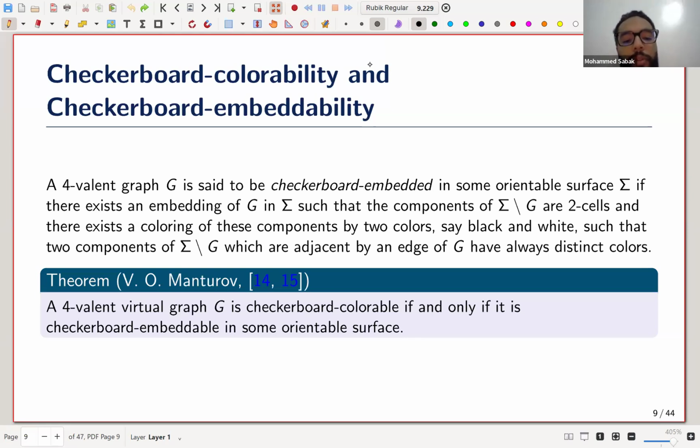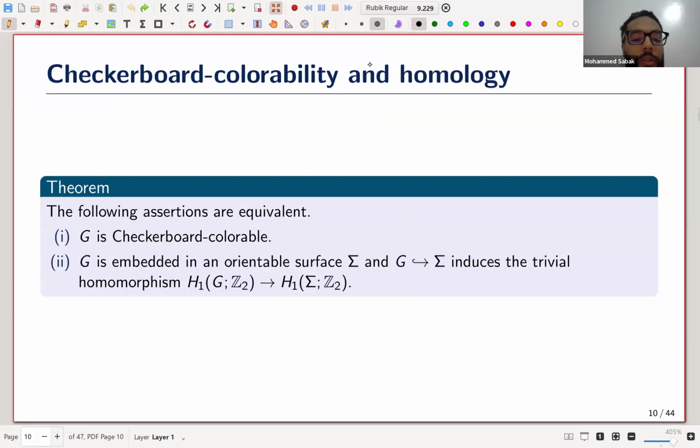Manturov showed that a graph is checkerboard colorable if and only if it is checkerboard embeddable in some orientable surface. This checkerboard embeddability can actually be formulated in homological terms: it is equivalent to saying that when we embed G in an orientable surface sigma, the natural inclusion of G in sigma induces the trivial homomorphism in homology with Z2 coefficients.